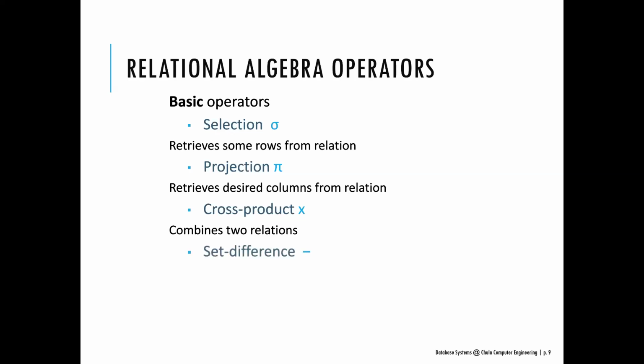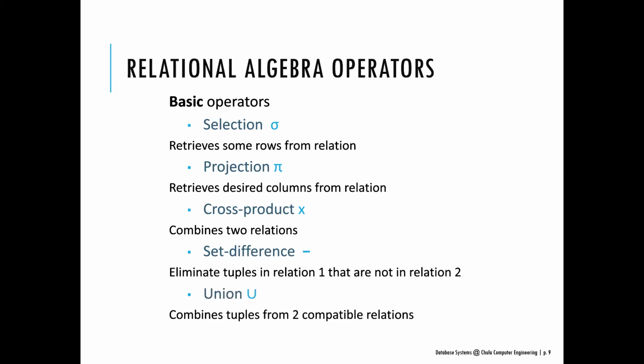Now, the next operator is called set difference. What it means is that it takes the tuples from one relation that are not in another relation. And the next one is called union. Basically, you union two different relations, and those relations have to be compatible. We'll talk about how to make them compatible later on.